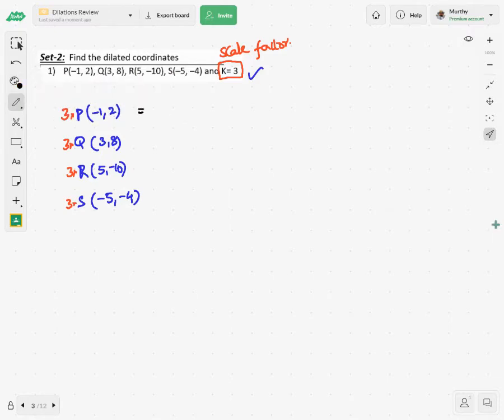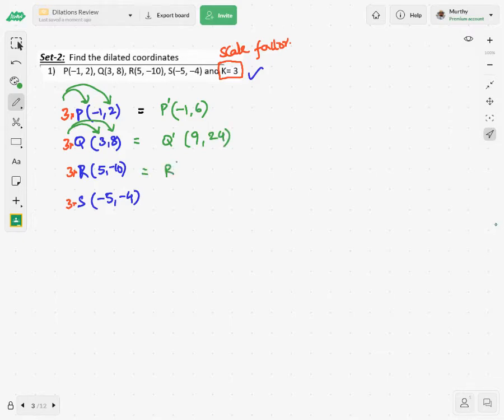So let me take maybe green. 3 times negative 1, that's negative 3. 3 times 2 gives me 6. This is P prime, the dilated point. Then Q prime, 3 times 3, 9, and 3 times 8, 24.